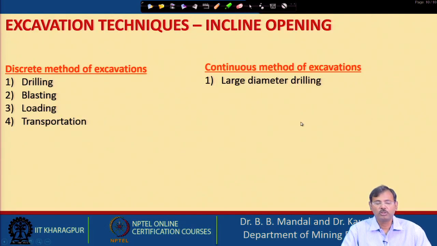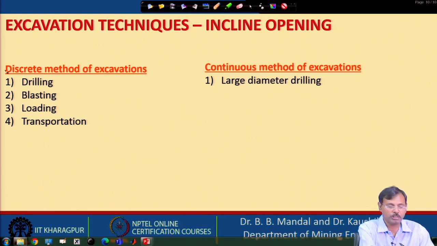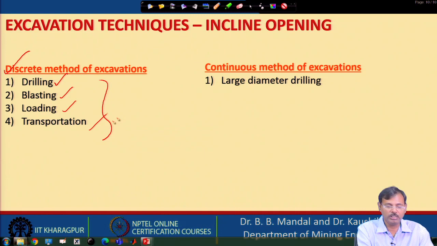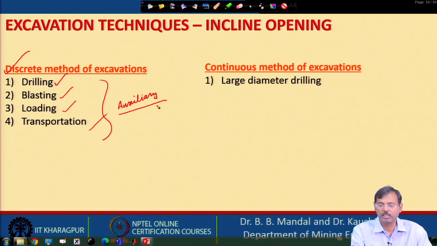Now, if you think about the construction procedure of incline shafts, you will find there can be two types. One is the discrete method of excavation, carried out by drilling, blasting, loading and transportation, and this is obviously also associated with the auxiliary operations, like supporting and pumping.